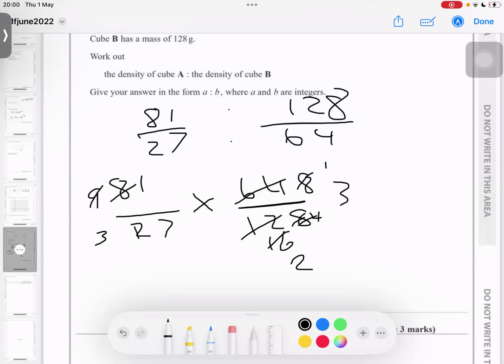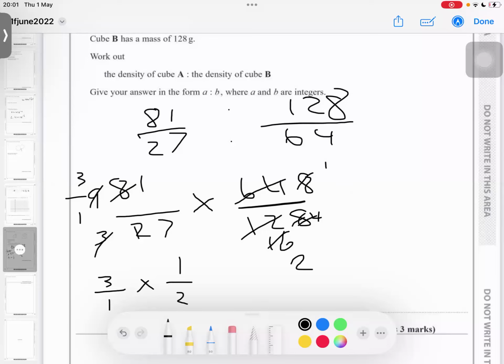Okay, that's good. Excellent. So let's see what we have finally. We have 3 over 1 times 1 over 2.